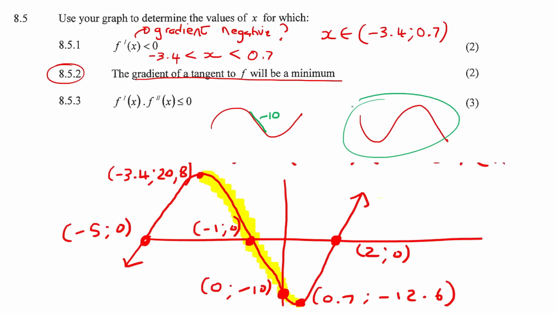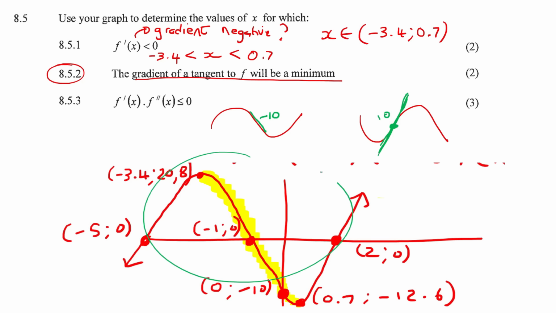Now, on a graph like this, there would also be a tangent at the inflection point. Well, the maximum gradient would be at the inflection point over there. Here it would be a maximum because here the gradient is positive and it would maybe be like a positive 10.